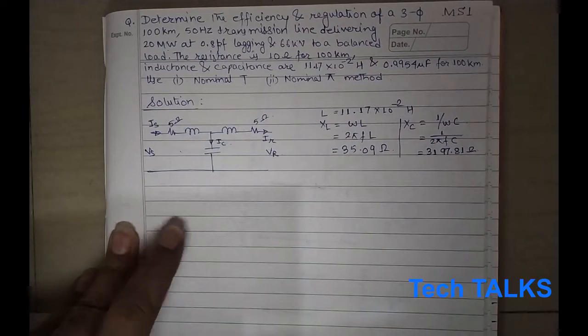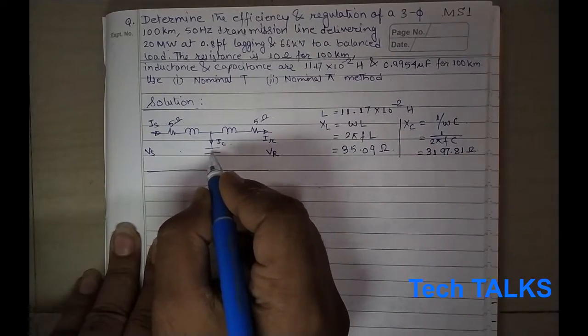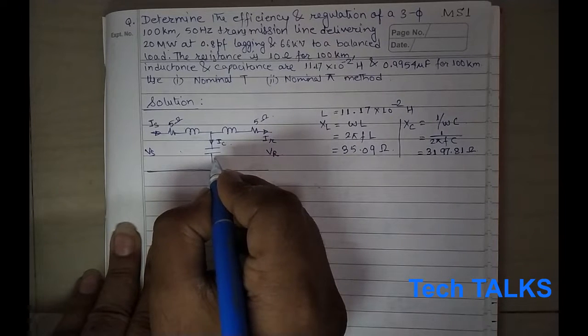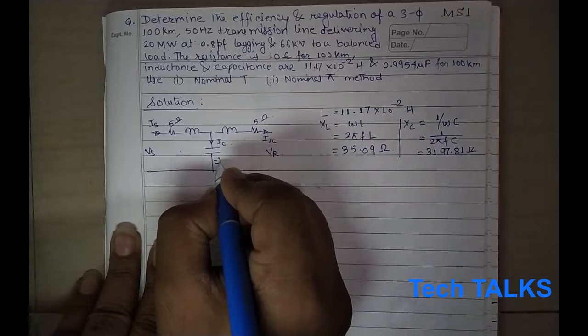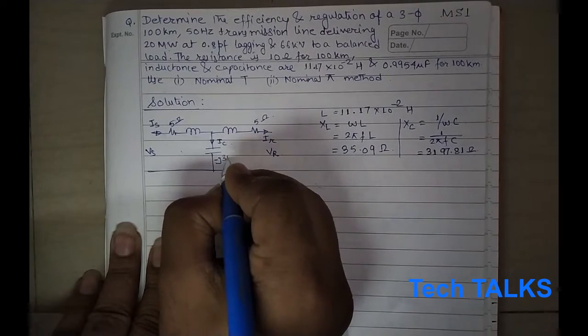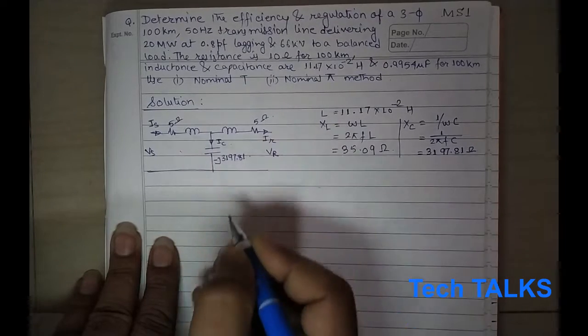Now this capacitance will be minus jXC, that is minus j3197.81.